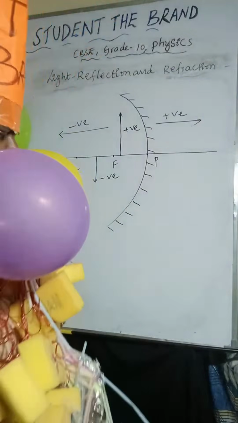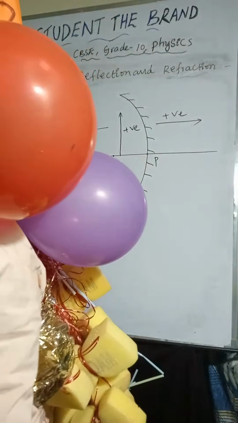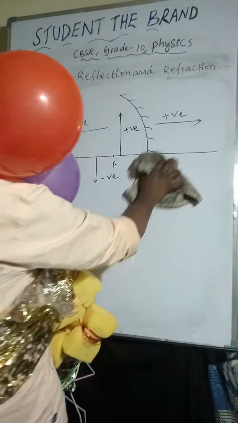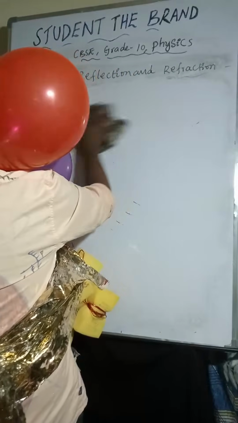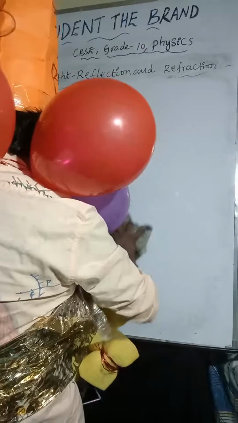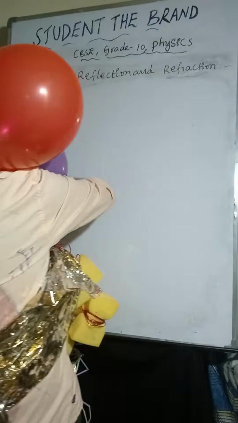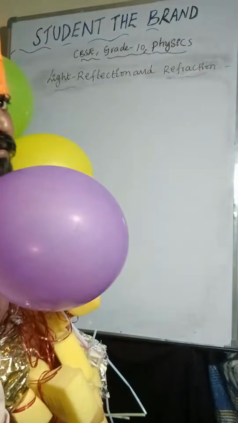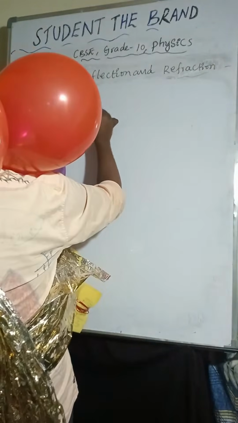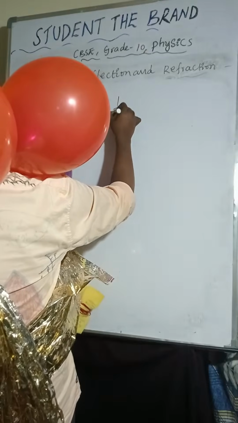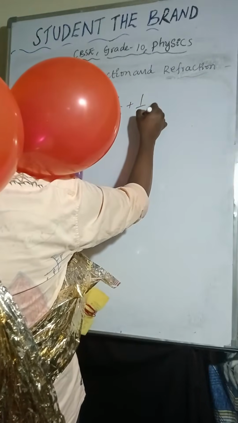Next, I'll discuss mirror formula and magnification. Mirror formula: 1 by f equal to 1 by v plus 1 by u.